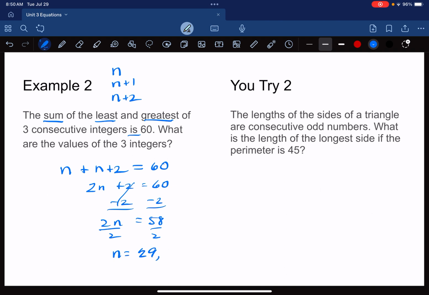What are the values of the 3 integers, 29, 30, and 31? Yeah, 29 plus 31 makes 60. So there it is, yeah.